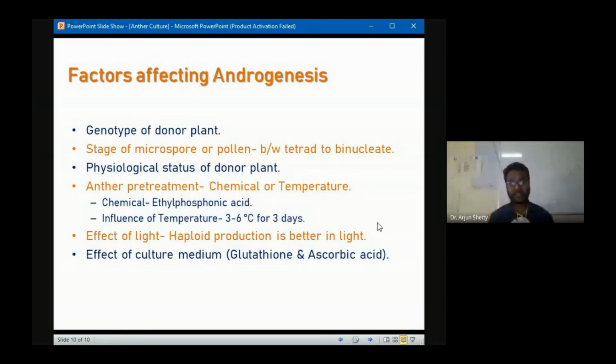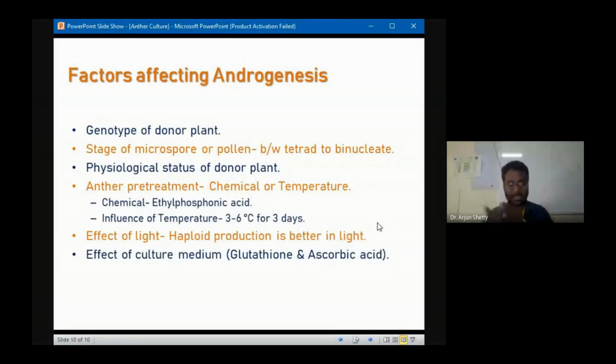Now coming to the fifth important factor affecting androgenesis, which is light. The production of haploids can be better in light condition; there should be increased light, which is why we mentioned 12 to 18 hours of light. Once the haploid plants have started forming buds, they require high light.